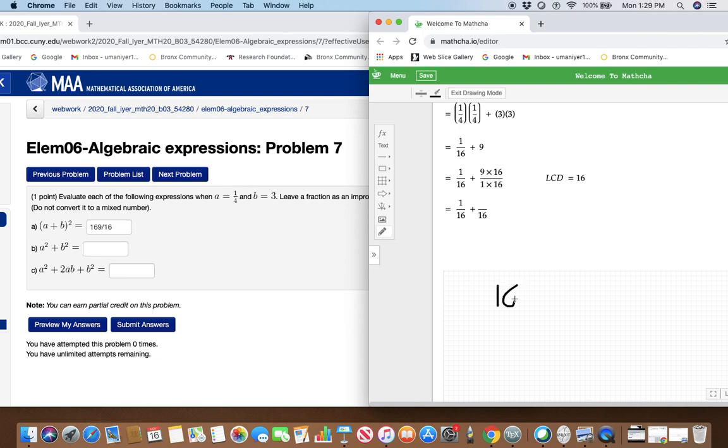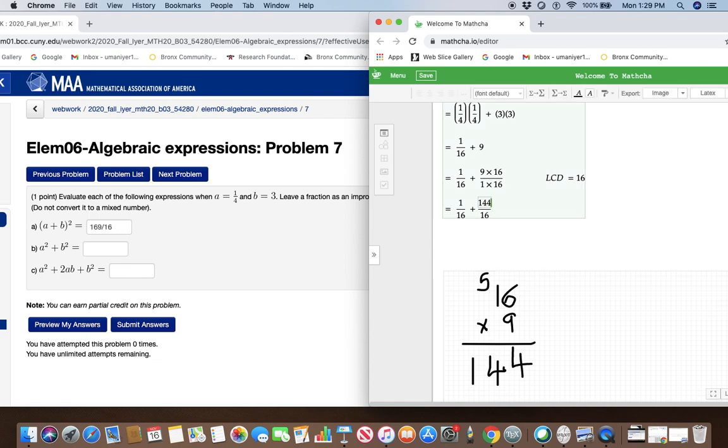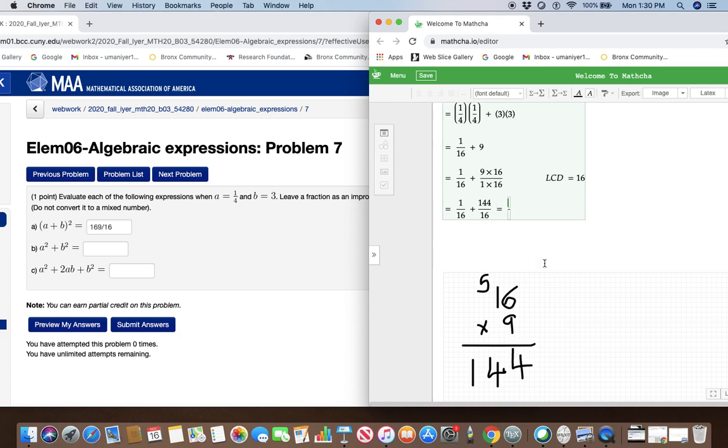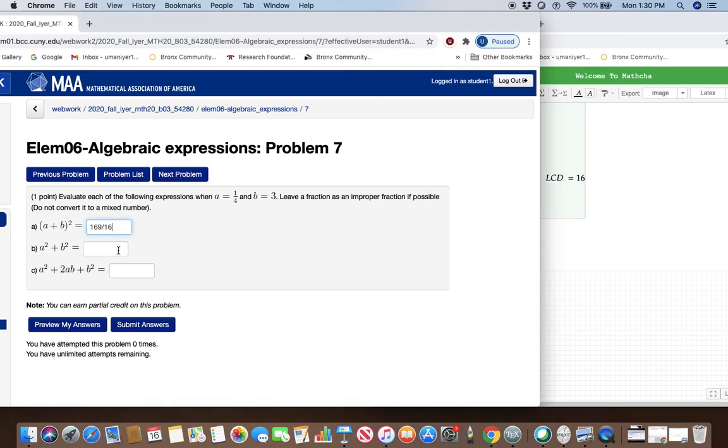So I'll write 16 first and multiply by 9. 9 times 6 is 54. 9 times 1 is 9 plus 5 is 14, so this becomes 144. So now that I have common denominator, I can write the denominator down. Numerator is 1 plus 144, 145.